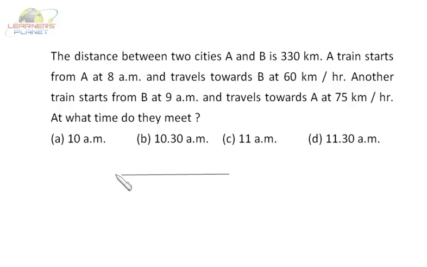Friends, initially the distance between these 2 points is 330 km, which is given to us. Now, the first train is starting at 8 o'clock and at the rate of 60 km per hour. That means after 1 hour, this is 60 and this distance is 270. Now, when B starts, A is here and B is here. And both of them have to cover the distance of 270 km.